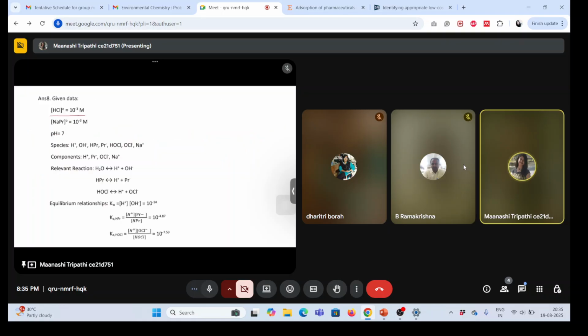HCl total is 10 raised to power minus 3, NaOCl is 10 raised to power minus 3, pH is 7. So these are different species and components.